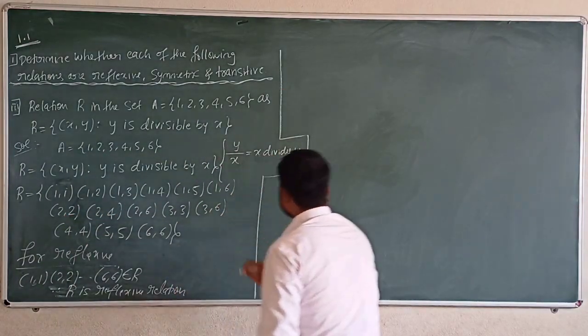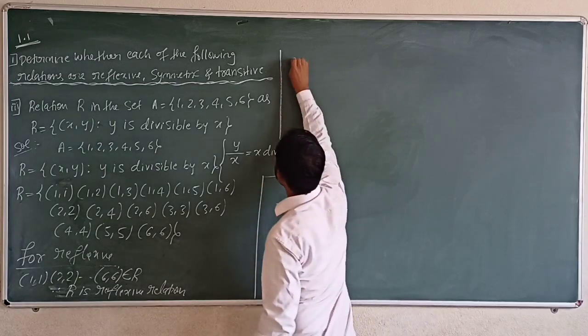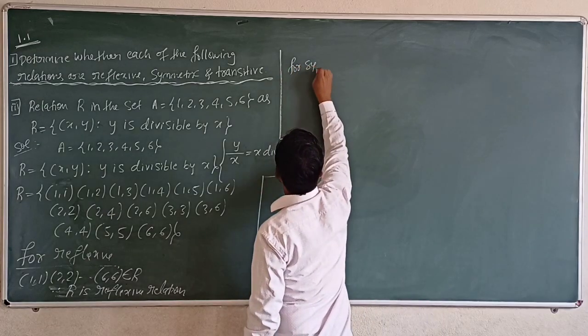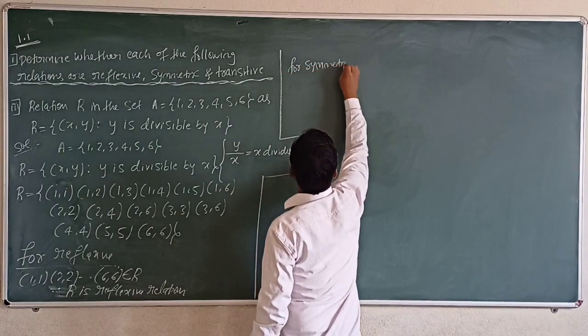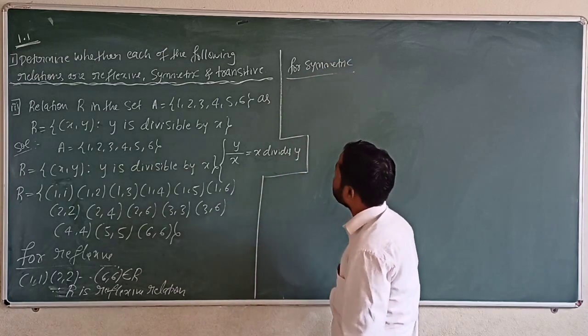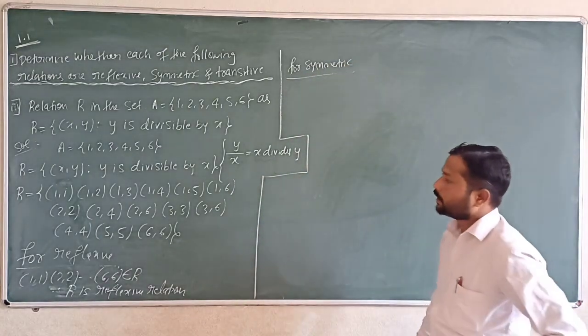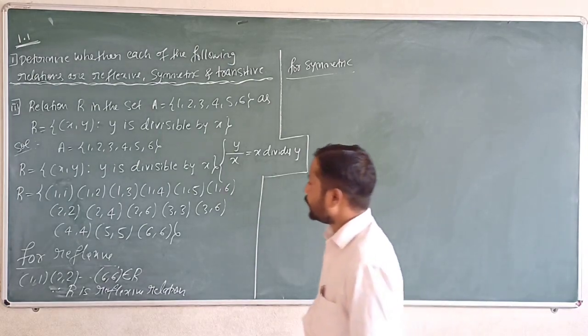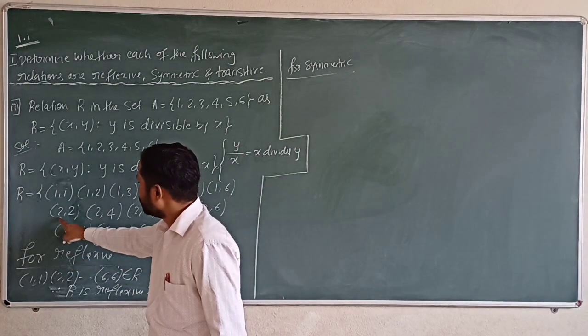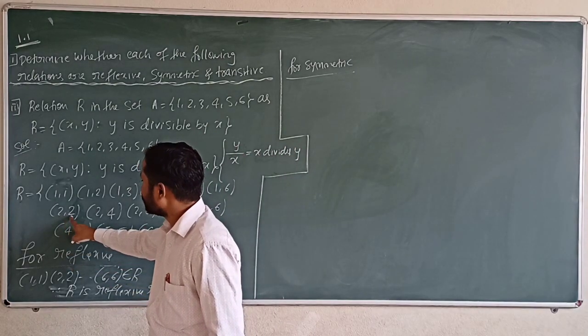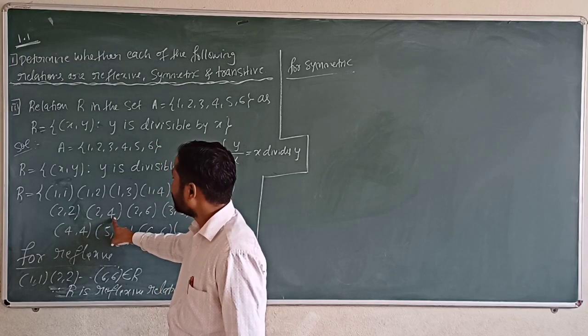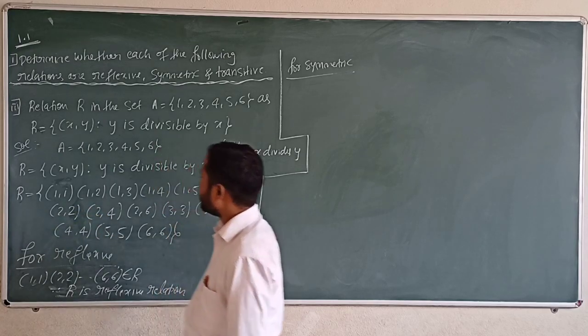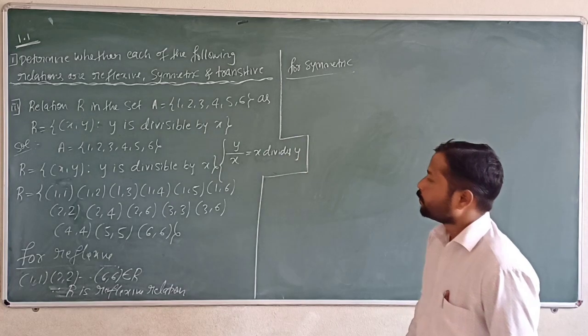Okay, then go for symmetric now. For symmetric, take a reverse here. Okay, next see here: 2 comma 2 and this 2 comma 4, right? Symmetric means the reverse one, look, 1 2 and 2 1.